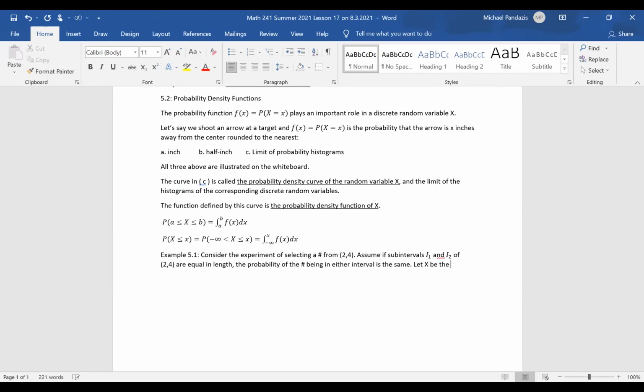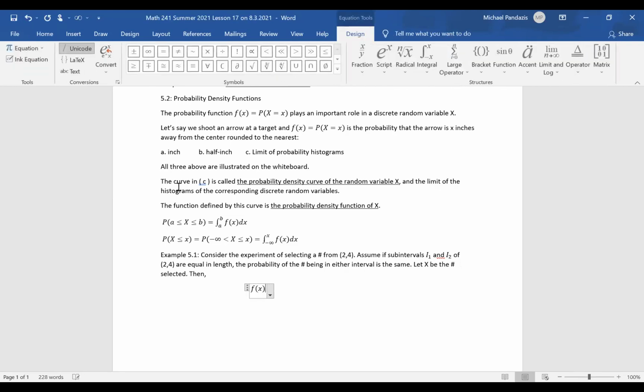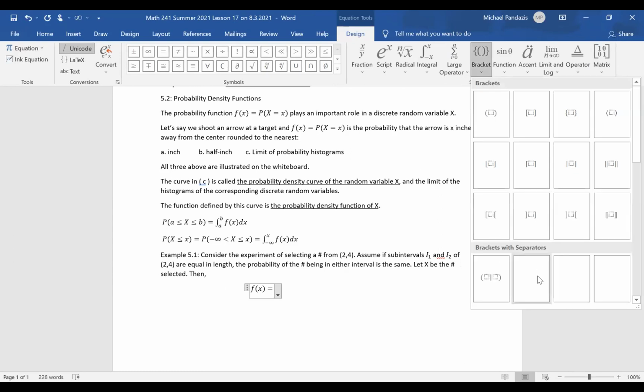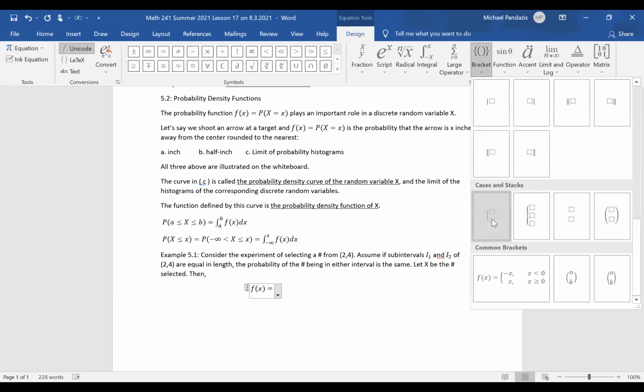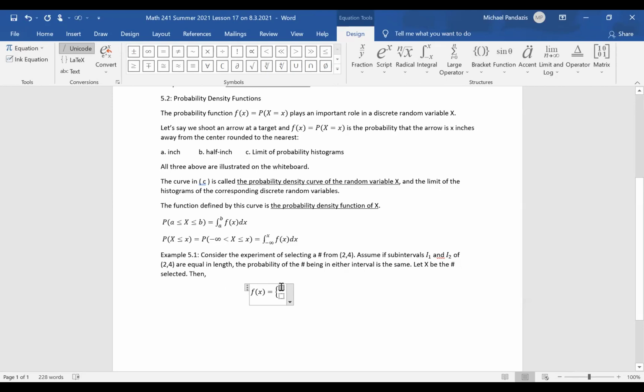Let capital X be the number selected. Then f of x is equal to one half for 2 less than x less than 4, and 0 elsewhere.